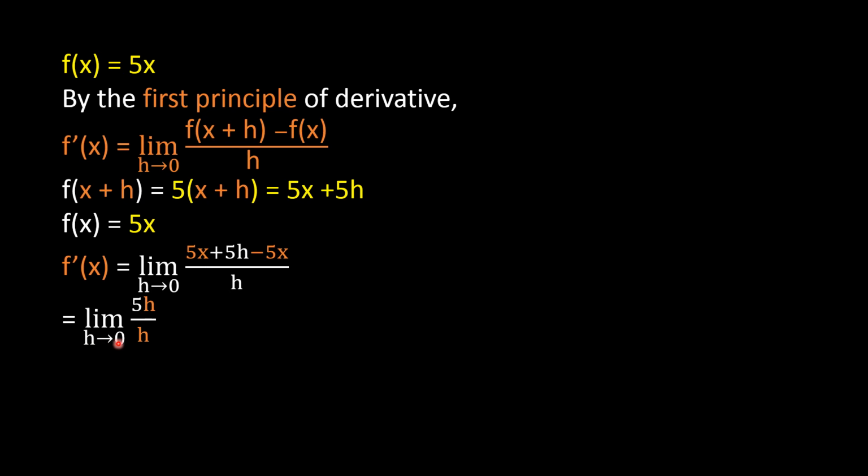As h approaches 0, h is not equal to 0, so h will get cancelled. We get limit 5 as h approaches 0. Therefore f dash x will be 5. So derivative of 5x is 5.